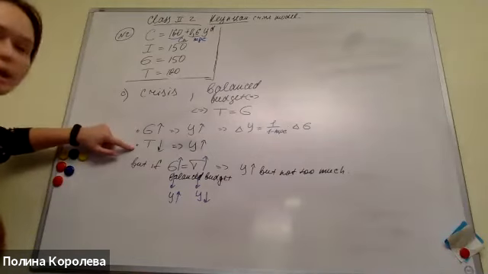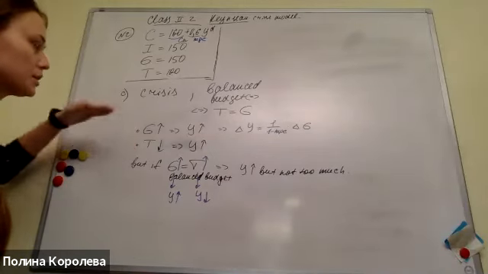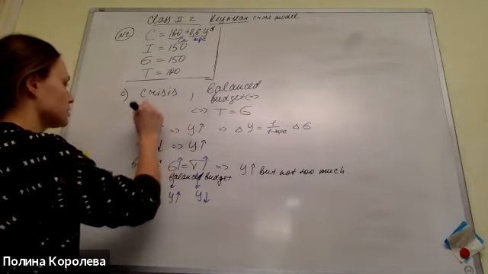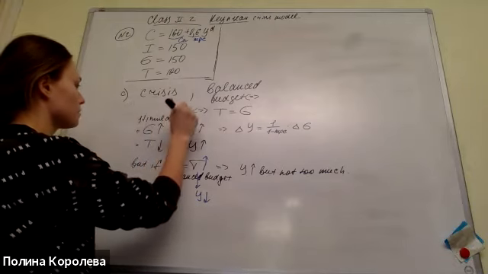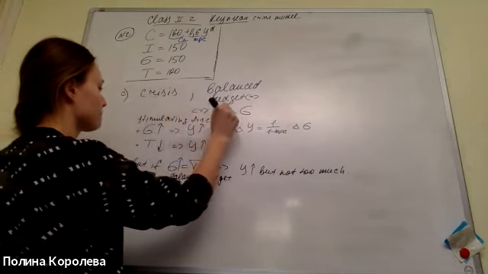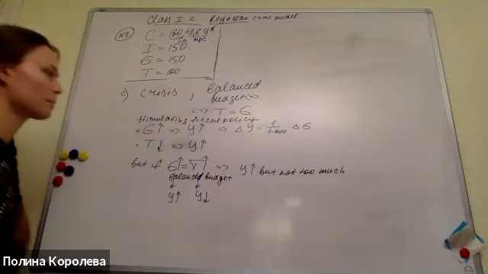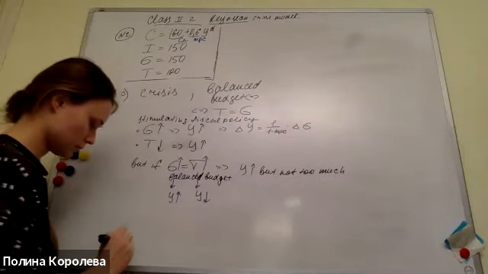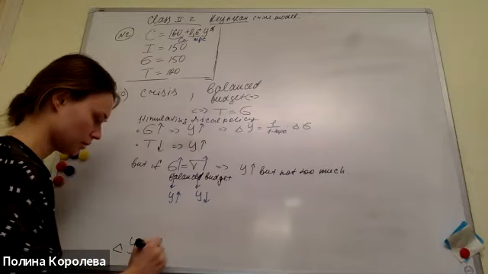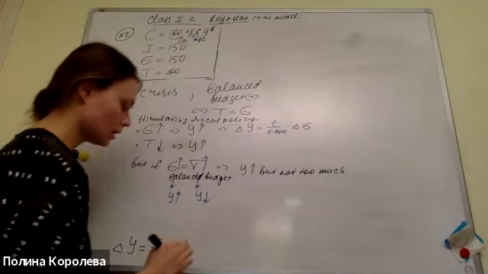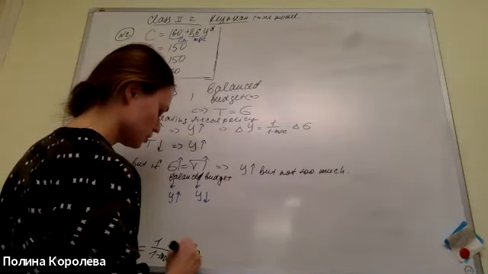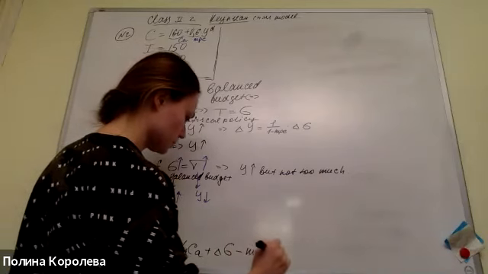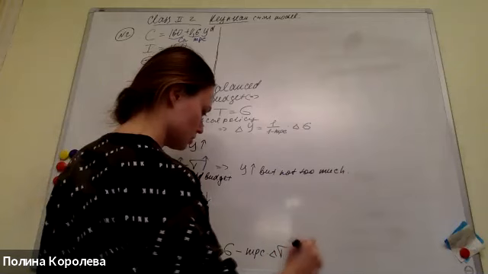These are two options, how the government can stimulate the economy. So here are options of stimulating fiscal policy. Let's write down stimulating fiscal policy. Let me remind you: change in GDP equals 1 over 1 minus marginal propensity to consume, multiplied by autonomous consumption change plus change in government spendings minus marginal propensity to consume multiplied by the change in taxes, plus the change in investments.